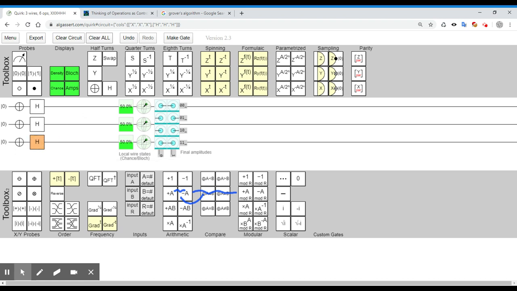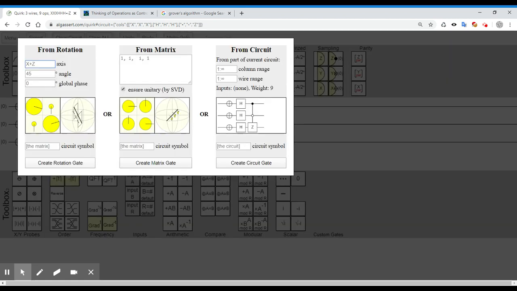Hadamards. And so basically, the first thing you do is the oracle. I'm not going to make an oracle function. I'll just go straight forward and say my oracle is 1 0 1. I might make that oracle maybe. How can I, does this work like that?